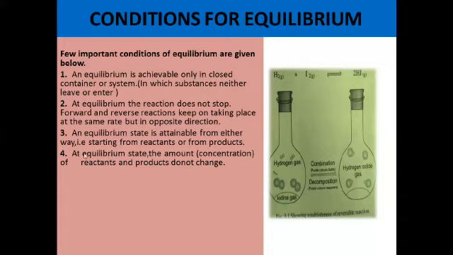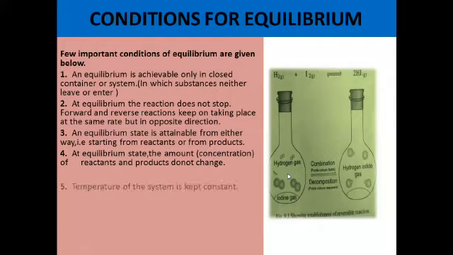Fourth condition, at equilibrium state, the amount and concentration of reactants and products do not change. The amount of hydrogen gas, iodine gas, or hydrogen iodide gas doesn't change. If their concentration or amount does not change, the reaction will remain in equilibrium for a long time.